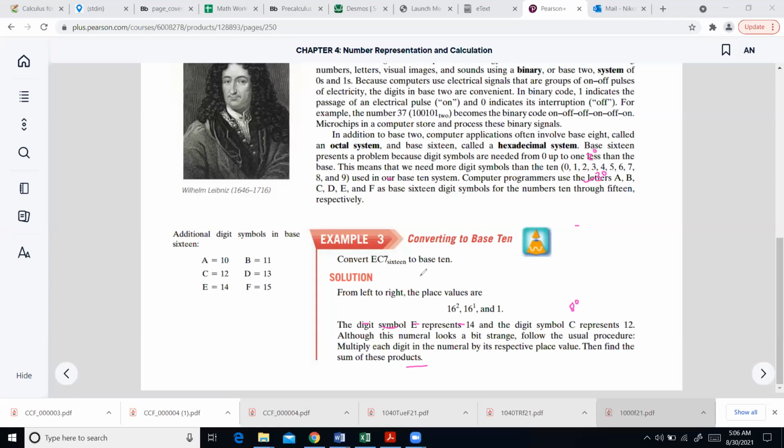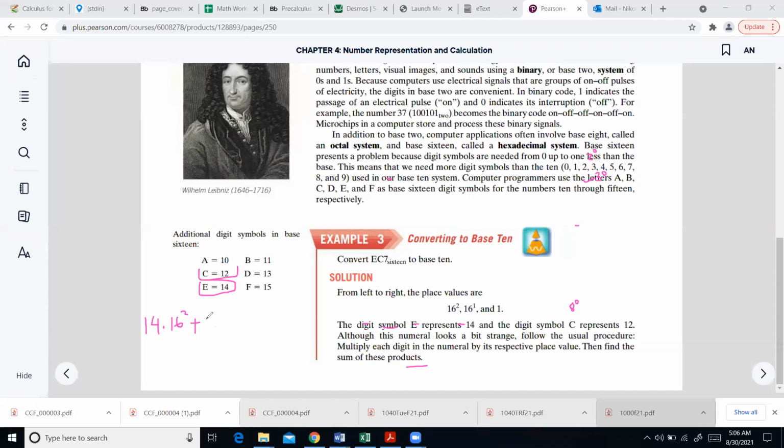So for E, C, and 7. Since E was number 14, to write this number in base 16, I need to put 14, and since it's a third digit, I'll be multiplying it by 16 squared, plus C, which is 12.